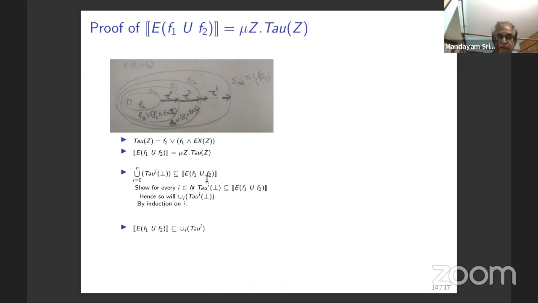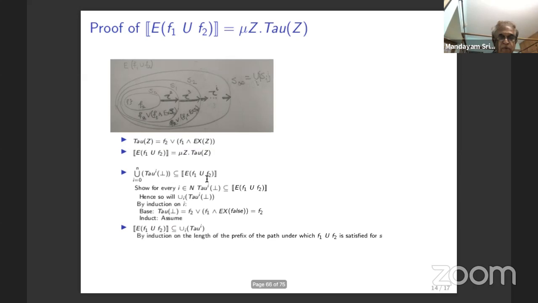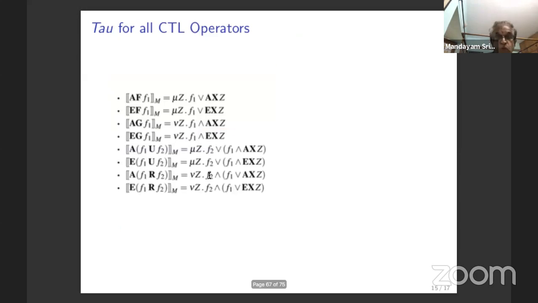That you will do by induction. I don't have the complete proof. And this side, once again, is by induction, but on the length of the prefix of the path under which F1 until F2 is satisfied for s, because that's how the CTL operator semantics are defined. So I will go through this next time.